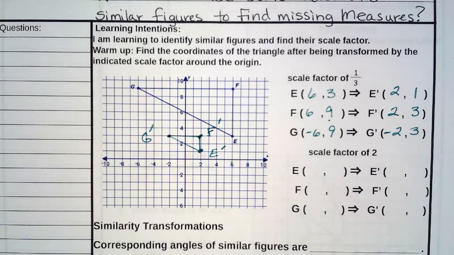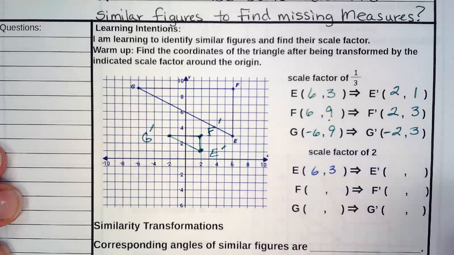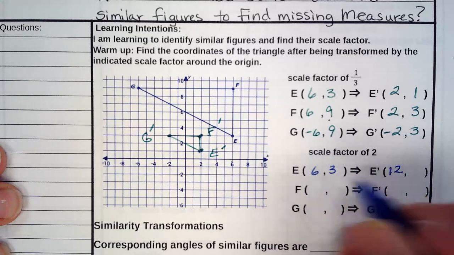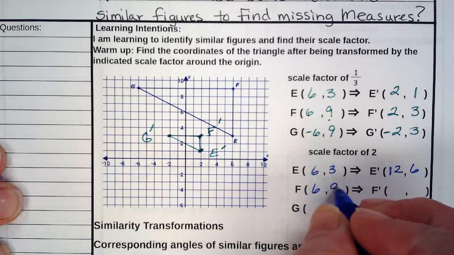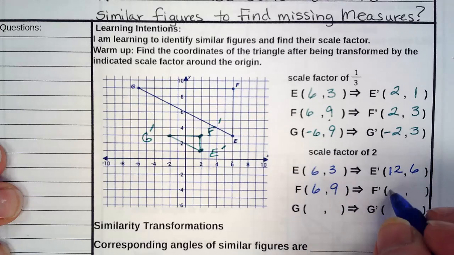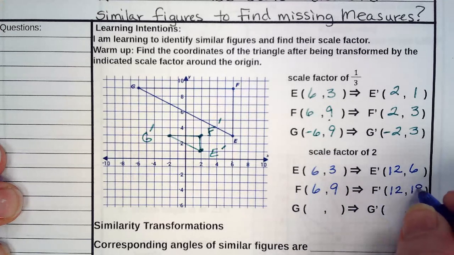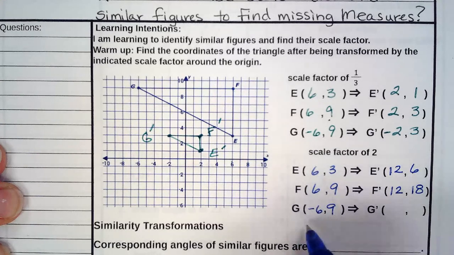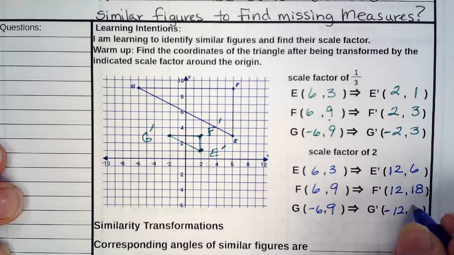So if I am looking at (6, 3), 6 times 2 is 12, 3 times 2 is 6. (6, 9): 6 times 2 is 12, 9 times 2 is 18. (-6, 9): -6 times 2 is -12, 9 times 2 is 18.